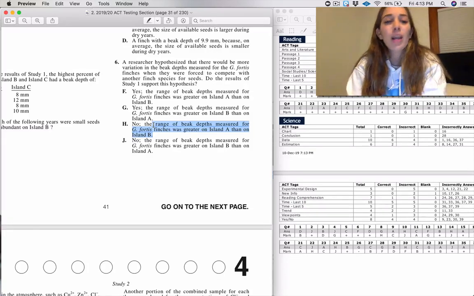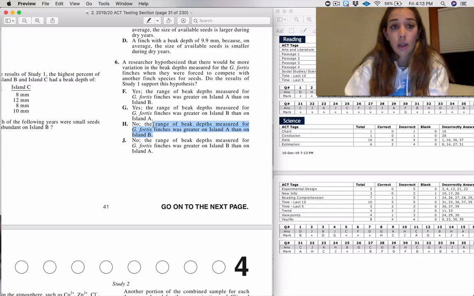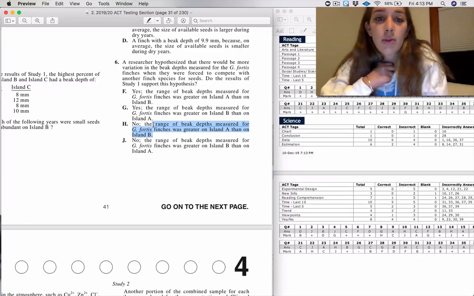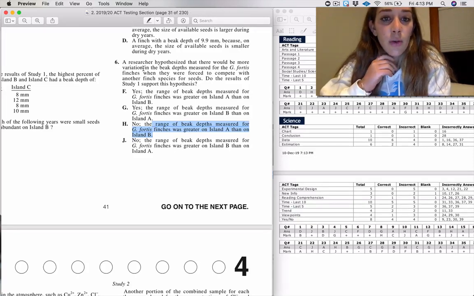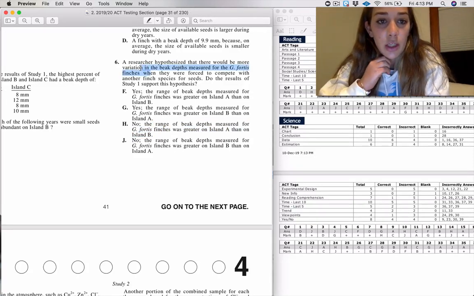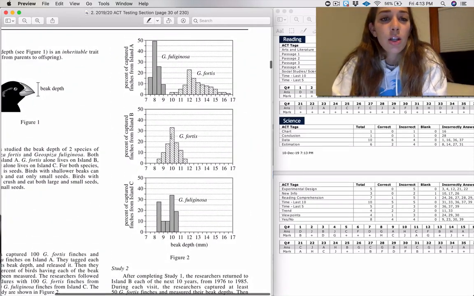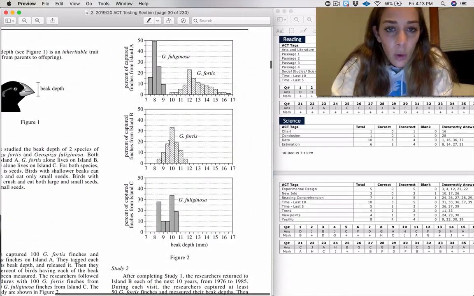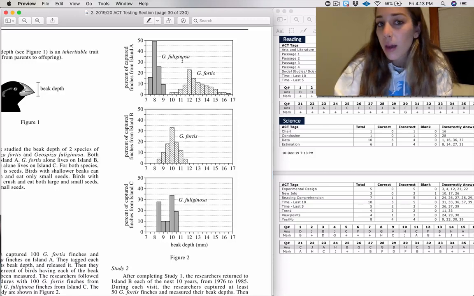And at this point, I'm feeling confident enough to read the question. So let's actually read the question. A researcher hypothesized that there would be more variation in the beak depths measured for the G-fortis when they were forced to compete with other fish species. Do the results from study 1 support this hypothesis? So they're saying there's going to be more variation when they're forced to compete. Now, looking back here, which situation looks like they're being forced to compete?